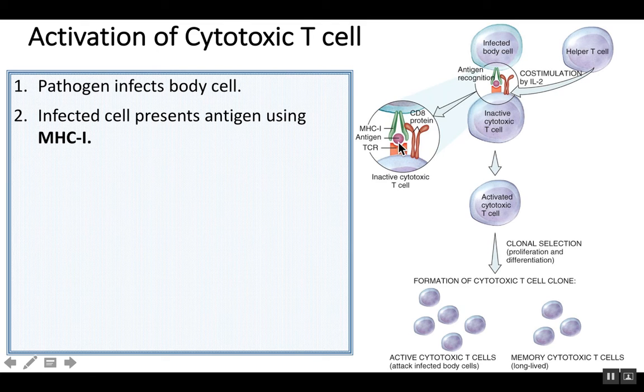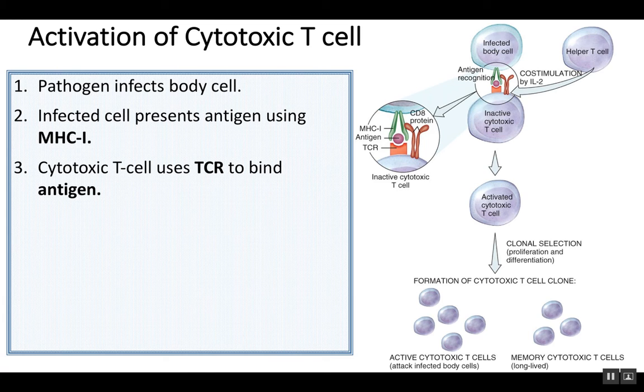It presents the antigen. A cytotoxic T cell is going to come over, use its T cell receptor to recognize the antigen, and use a different protein called CD8. CD8 is on cytotoxic T cells, and it's the ability to recognize that that's MHC1.